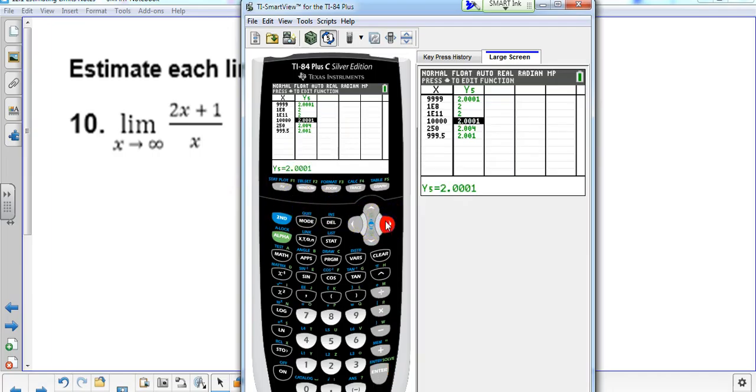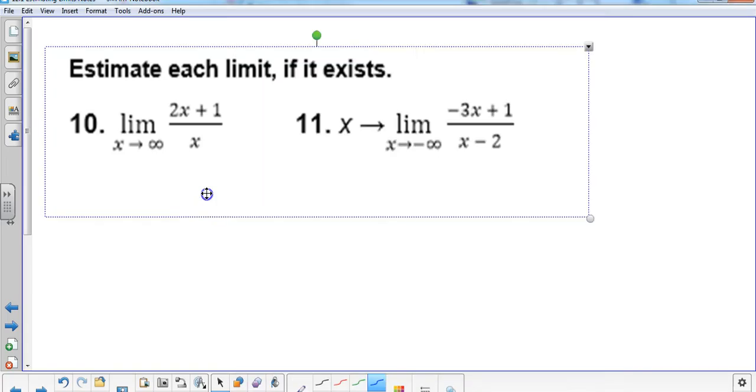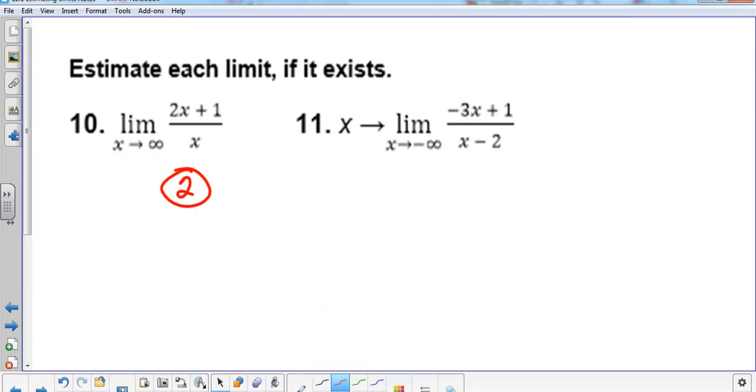Now it looks like it's exactly 2, but if you go up here, it's actually not. Does anybody remember the reason for that? Do you remember how we did the graph of that function? Degree of the numerator is equal to the degree of the denominator. Y approaches leading coefficient over leading coefficient. So what do you think this is going to approach? Negative 3 maybe? This time we do want the left limit.